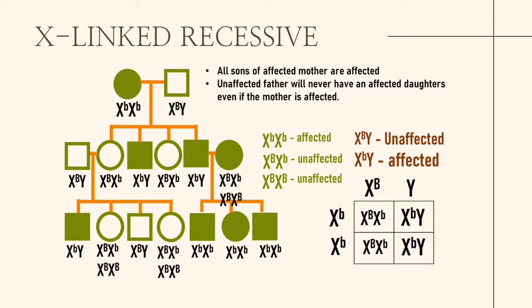Since we have here the unaffected father, so with that, the probability of having affected daughters will be 100%, I mean 0%. Okay? So, wala tayong maapektuhan na daughter kahit na ang mother will be the affected one. Okay? So, ang maapektuhan lang ng specific na sakit na to will be the son.